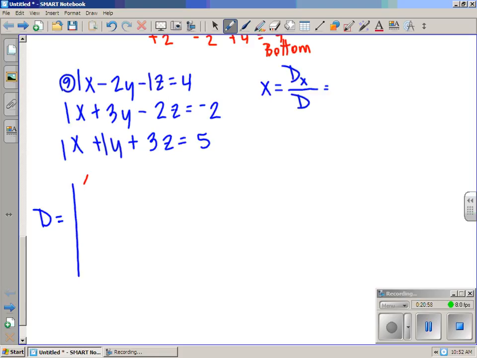The first column represents x, second column y, third column z. The x column will be 1, 1, and 1. The y column will be negative 2, 3, and 1.